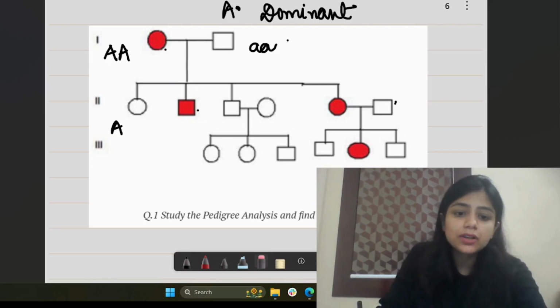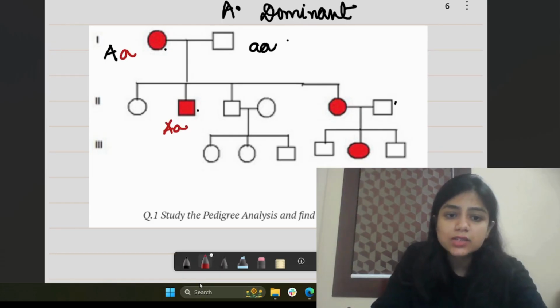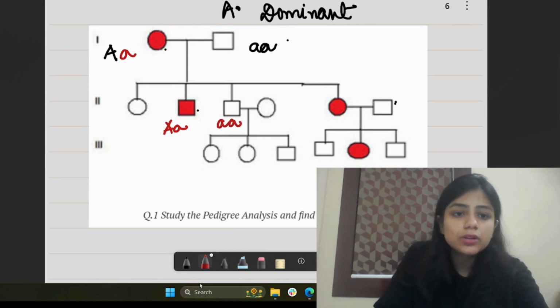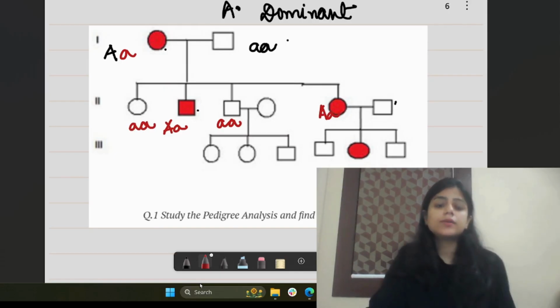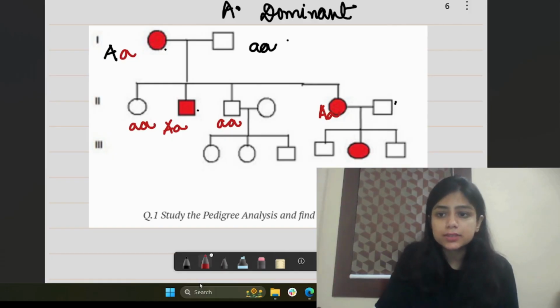That means it is definitely not carrying the capital A trait. Let's calculate it. It is capital A, that is why it is affected, capital A small a. It is unaffected, so it should be this one. Again it is unaffected, this should be one, and like this we can get the answer. I hope it is clear in this question.